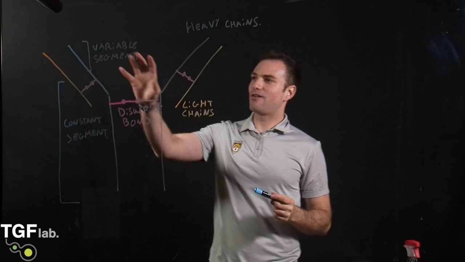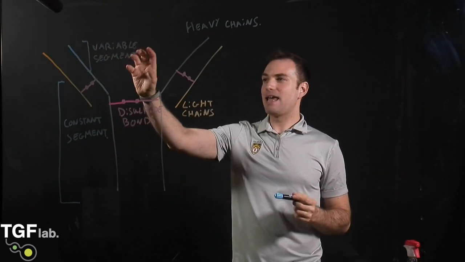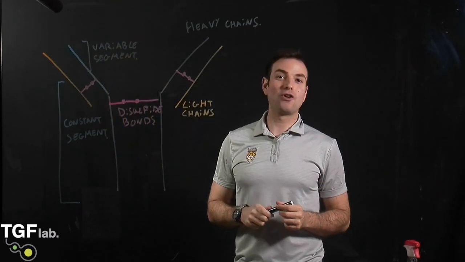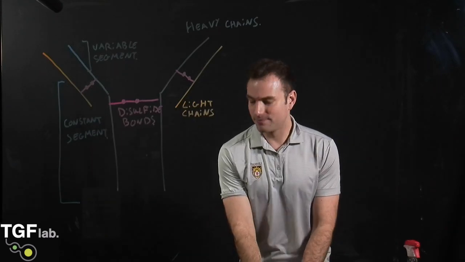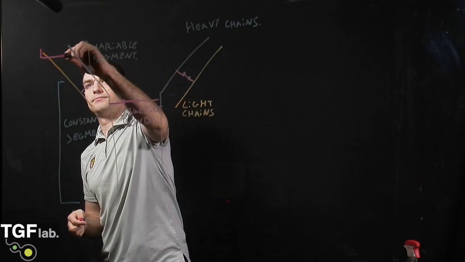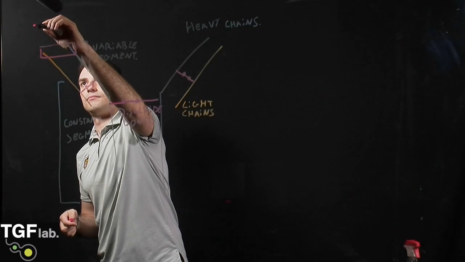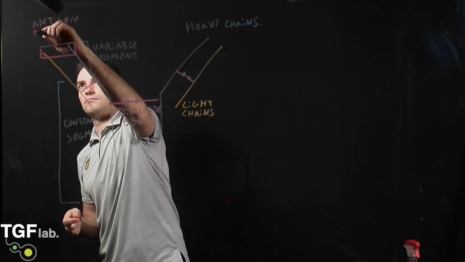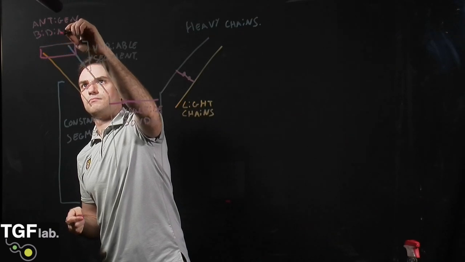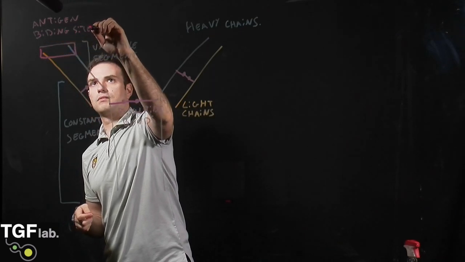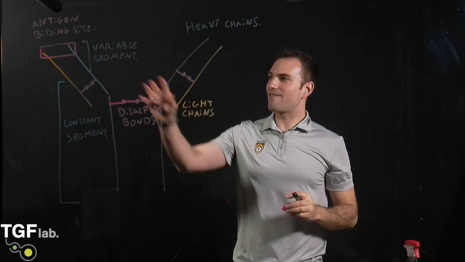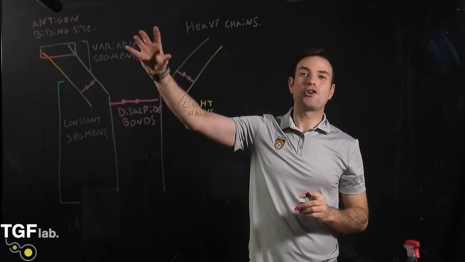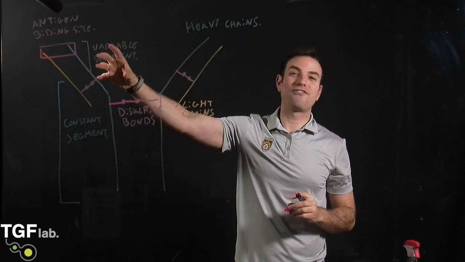And in the variable segment, we have a very important part, which is called the antigen binding site. So this is going to be the specific part of the antibody that is going to interact with a specific antigen.